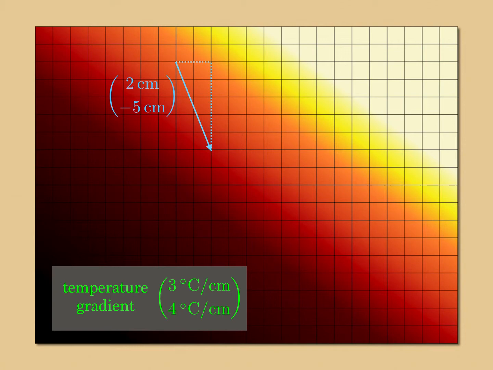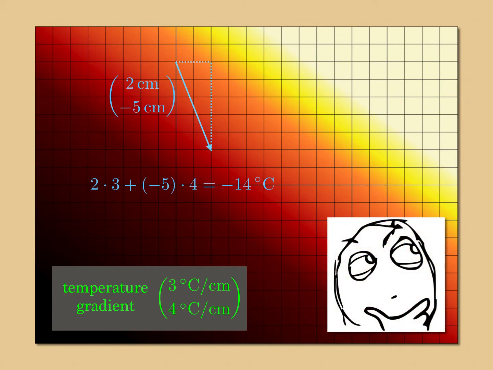So the total change in temperature is 2 times 3 plus -5 times 4, that is -14 degrees Celsius. You may already recognize this as the component formula. We will get back to this soon. We first need to settle where the temperature gradient actually is in the picture as a vector.